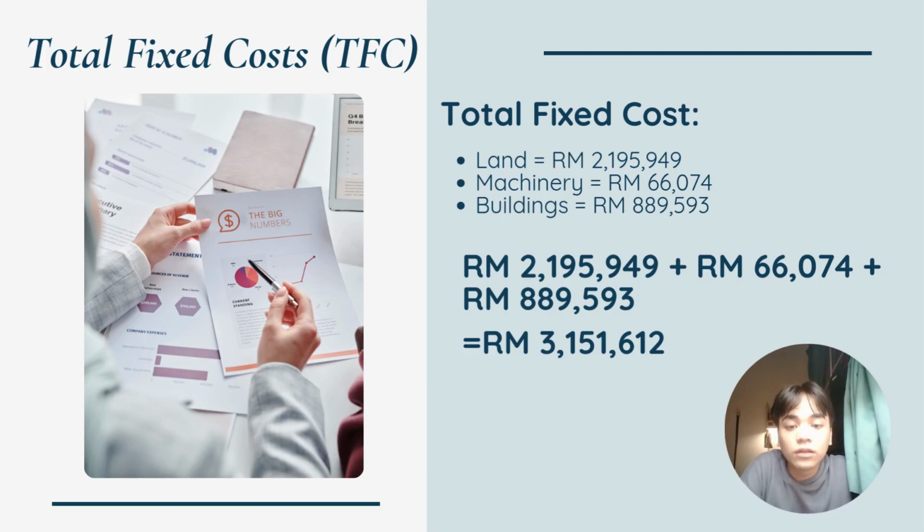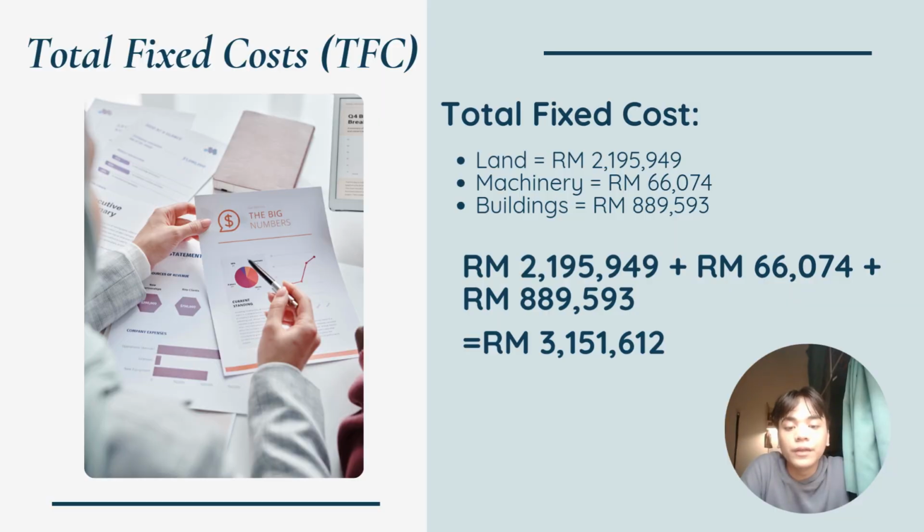This slide shows our total fixed costs, which are costs that do not change with the level of production. The fixed cost consists of three main components. First, the cost of land, which amounts to 2,195,949 ringgit. Second, machinery costs totaling 66,074 ringgit. Third, building costs, which are 889,593 ringgit.